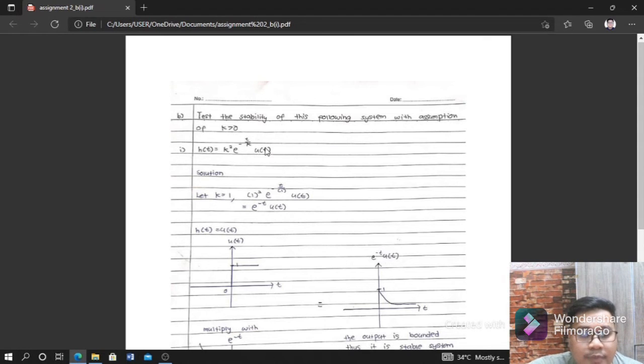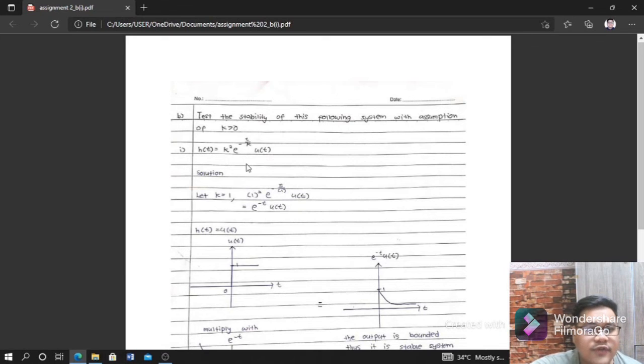If the output is bounded, then we can consider the system stable, and if the output is not bounded, it is not stable. This is very important information that all of you need to keep in mind.